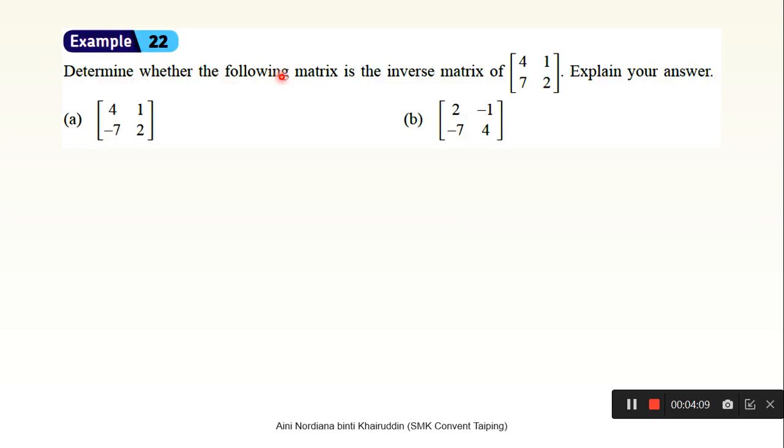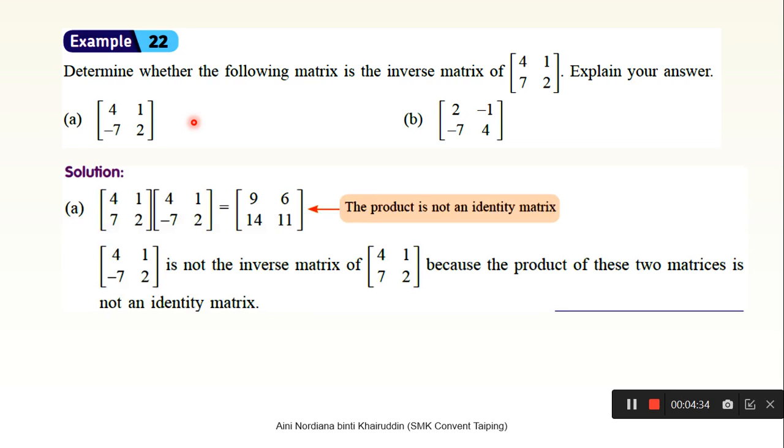Determine whether the following matrix is the inverse matrix of this matrix. Explain your answer. In order to know whether this is the inverse matrix of this matrix or not, we just multiply the two matrices. If we get the identity matrix, then the matrix is the inverse matrix.